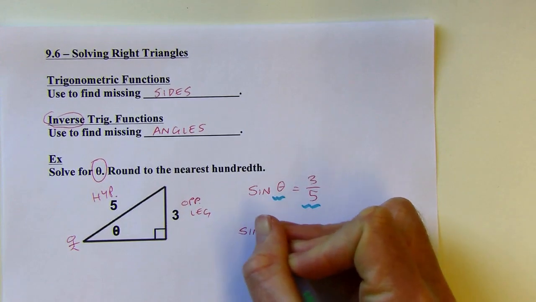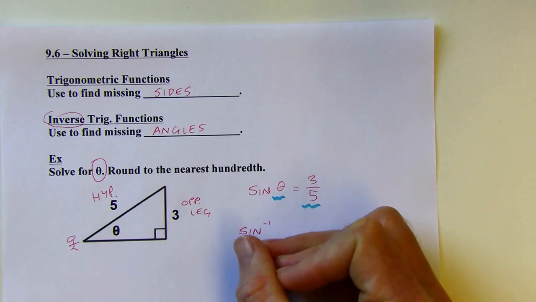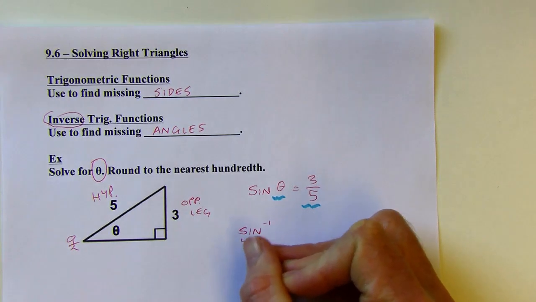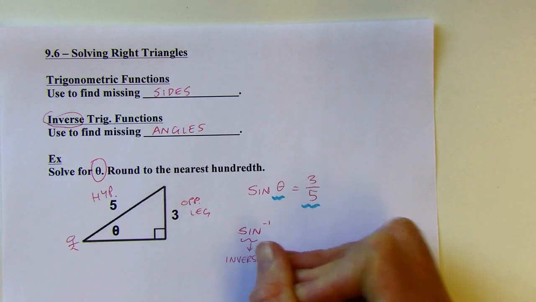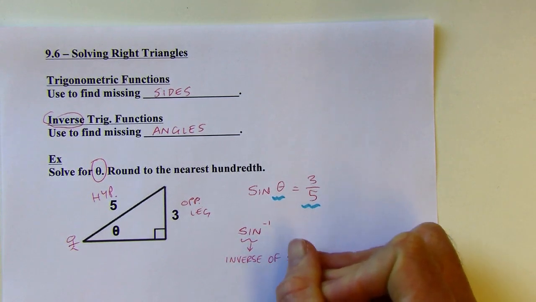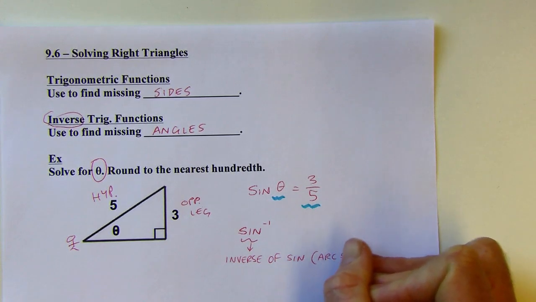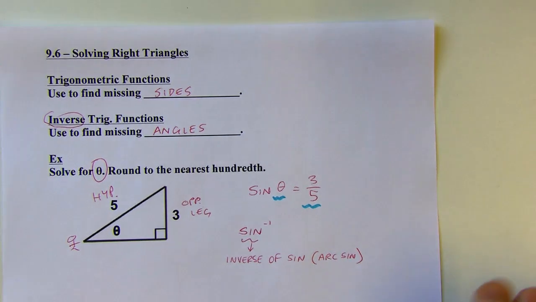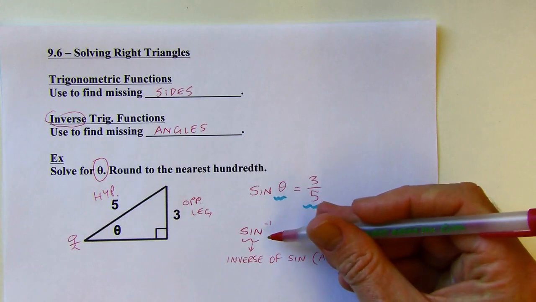I'm going to say sine to the negative first. This part right here just means the inverse of sine. Sometimes you'll see this written as arc sine. That means the same thing. You could write out inverse sine, but this is just to save us some time.